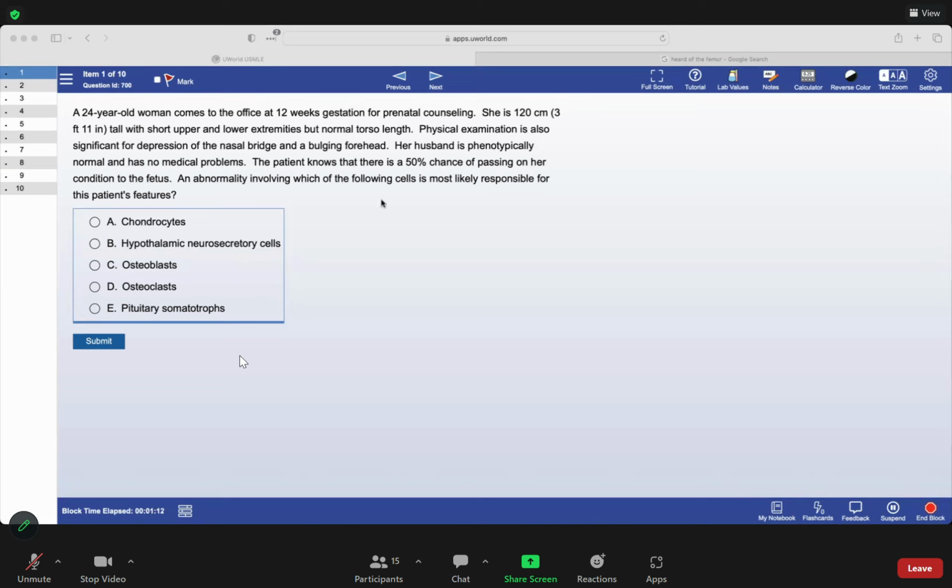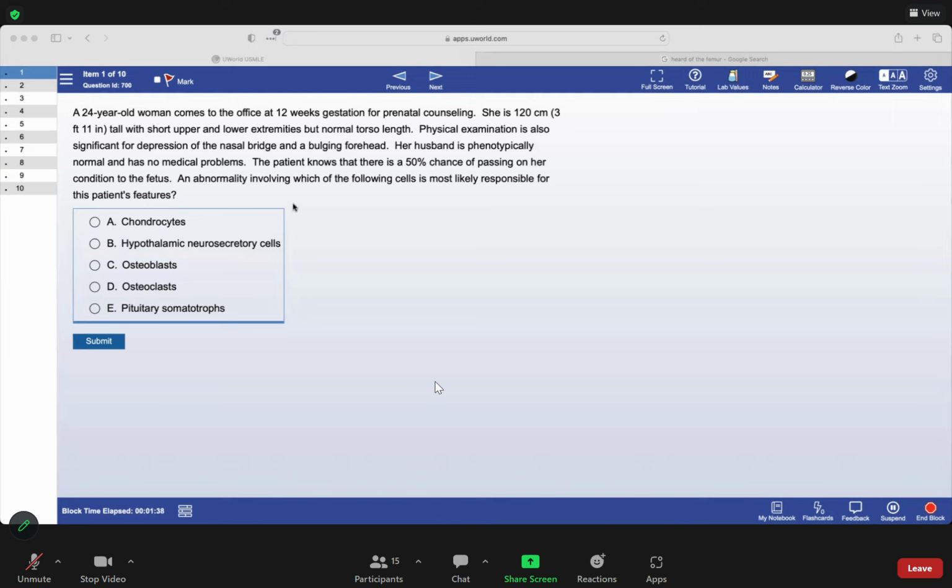So when you see here, the diagnosis should be achondroplasia. Did we get the diagnosis? Okay, so if you think achondroplasia, a 24-year-old woman comes at 12-week gestation for prenatal counseling. She's very short. On physical examination there is also significant depression of the nasal bridge and bulging forehead. Her husband is phenotypically normal, which means she has a 50% chance of passing it on or not.